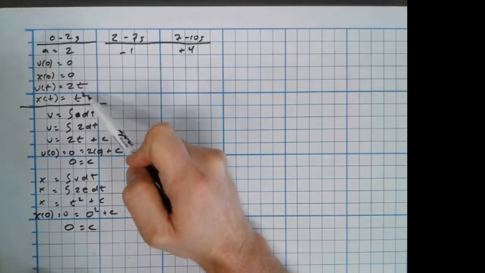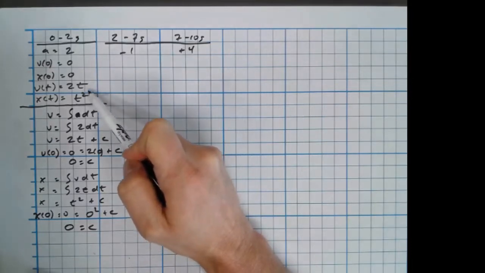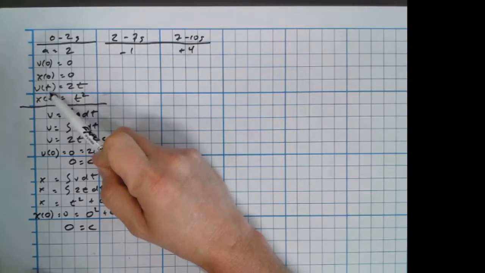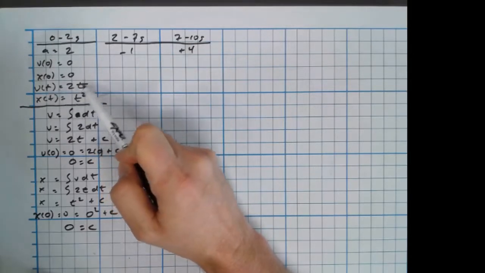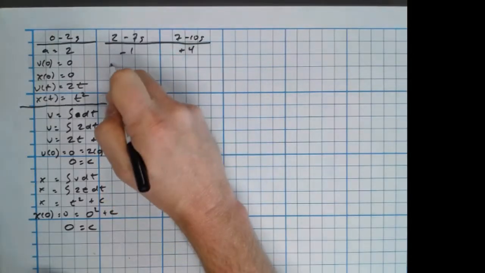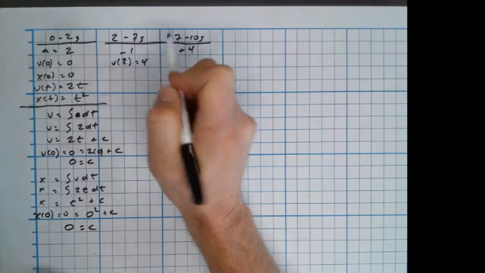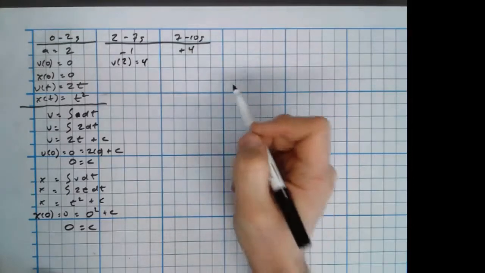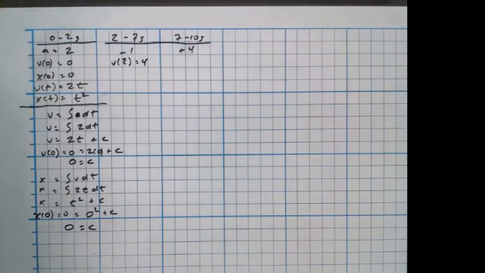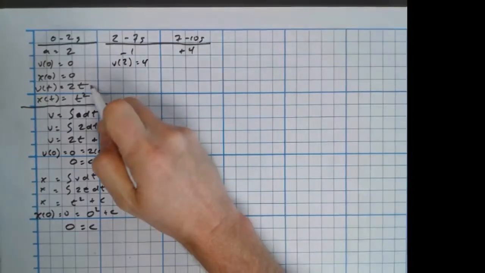So I'm taking the end of this piecewise function and saying, okay, the velocity at 2 seconds is 2 times 2, which is 4. So the end point I want is velocity at time 2 equals 4 meters per second. So I'm getting that from this.